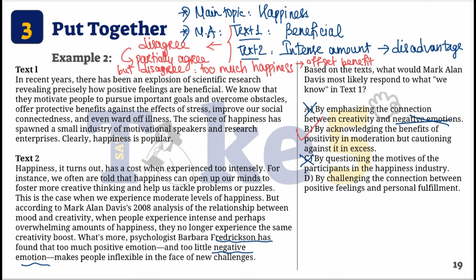D simplifies the disagreeing stance of Davis as pure rejection of beneficial effects of happiness. He in fact only indicates that too much of it can have negative effects. Moreover, he mentions one specific field that got affected by overwhelming amount of happiness, which is creativity. This is not personal fulfillment either.